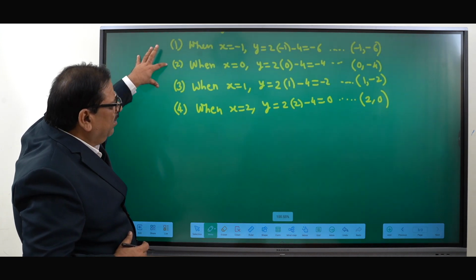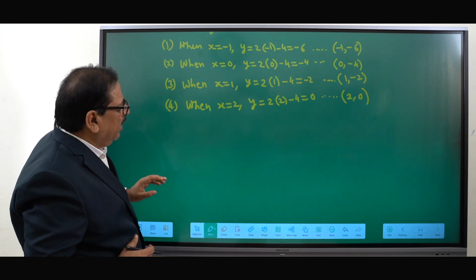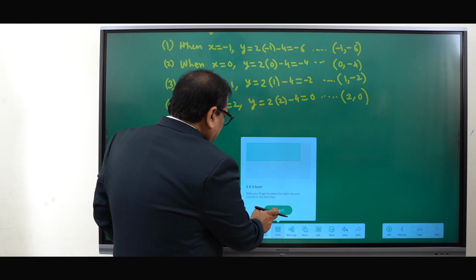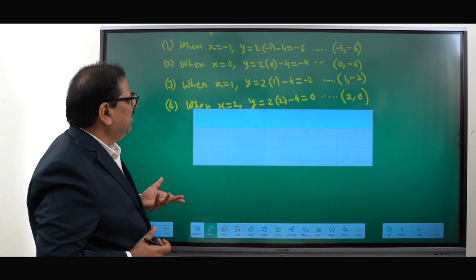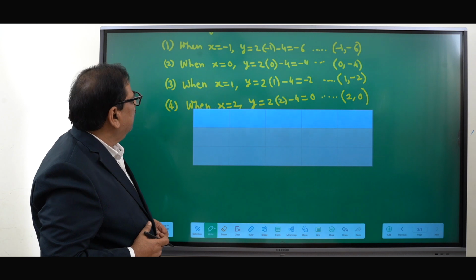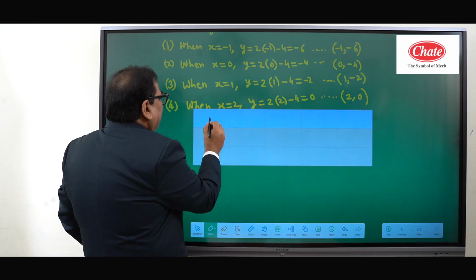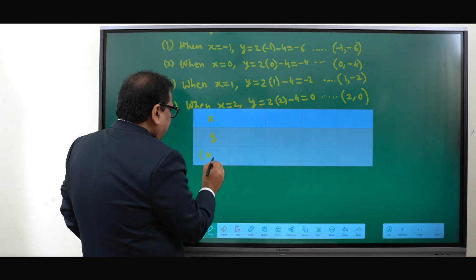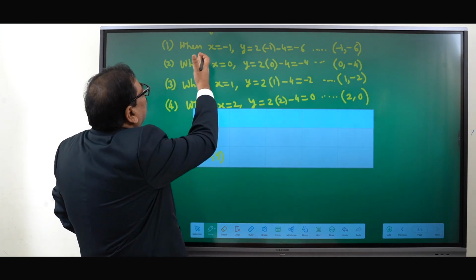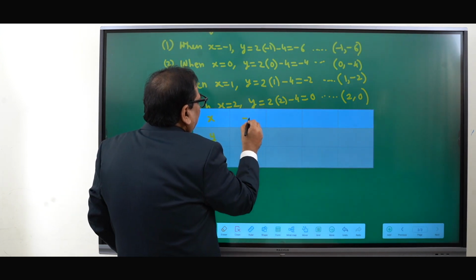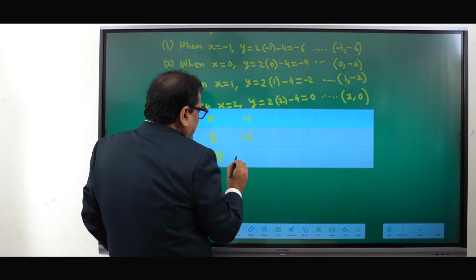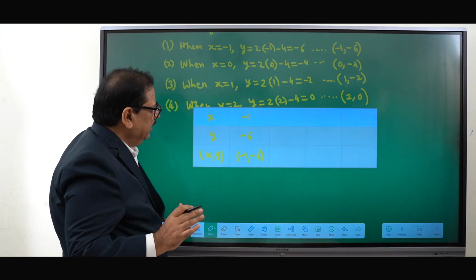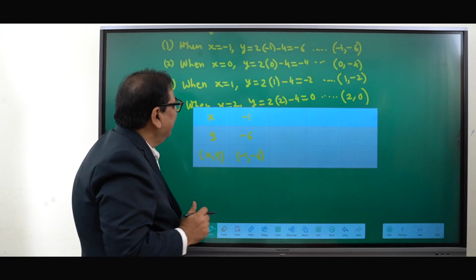And friends, in this way, if we want, we can make one proper table. This is one such table. Here we will write first x, y and the coordinates (x, y). As we have, when x is equal to minus 1, y is equal to minus 6. Therefore, (minus 1, minus 6) is the first point.